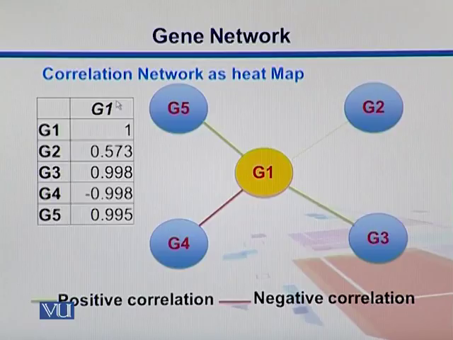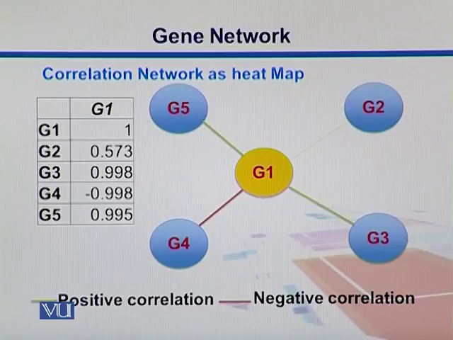For instance, if you have these correlations, we have G1 which is connected to 4 other genes, G2, G3, G4 and G5. We can use these correlations and draw those edges which represent the correlations between them. Green edges if there is a positive correlation, and the thickness of the edge may be correlated with the strength or magnitude of that correlation, whereas a negative correlation is represented by a red edge.